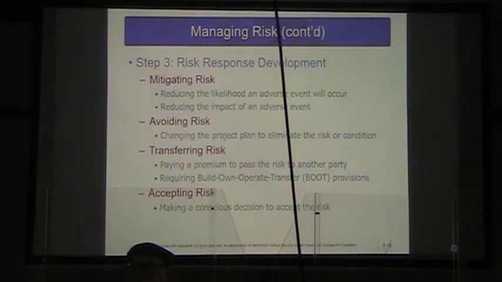Then if something happens, the star dies or some other thing happens where the movie can't be finished, the insurance company would pay off. The other way of transferring risk is to require build, own, operate, transfer provisions, which they're calling BOOT.